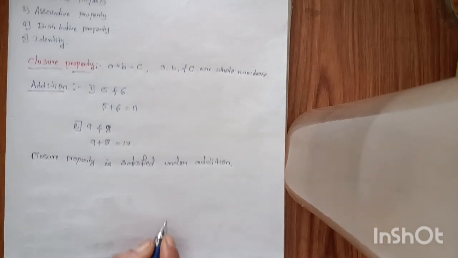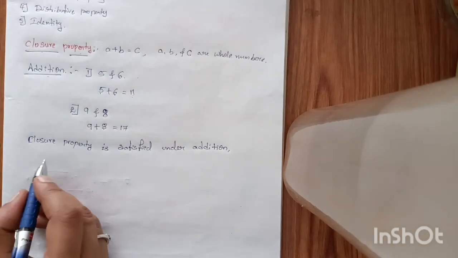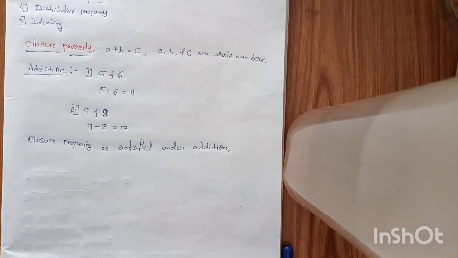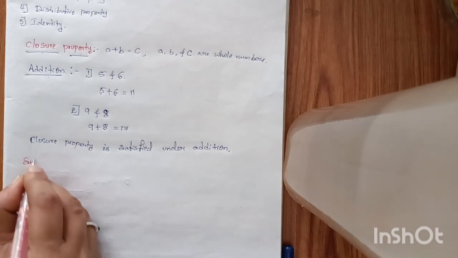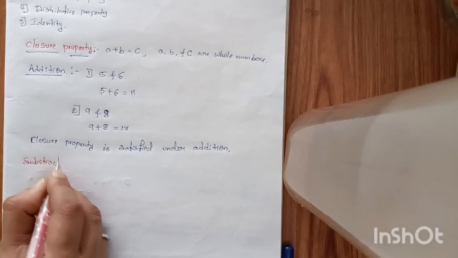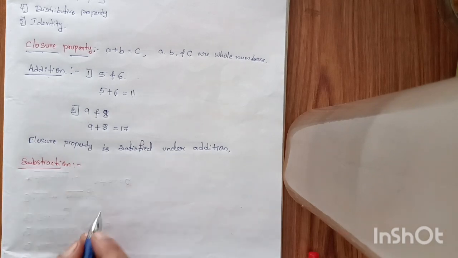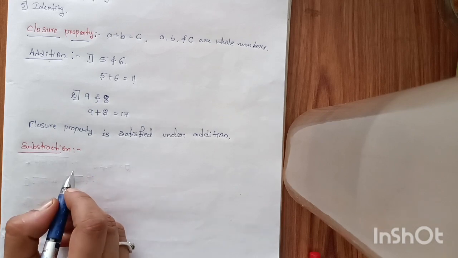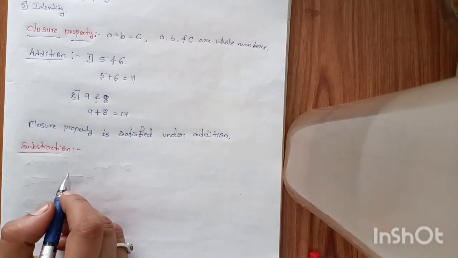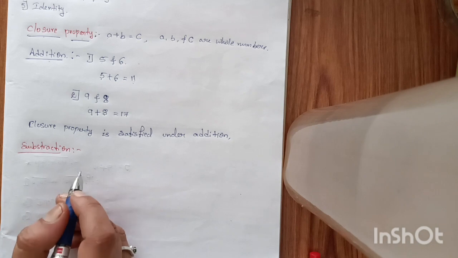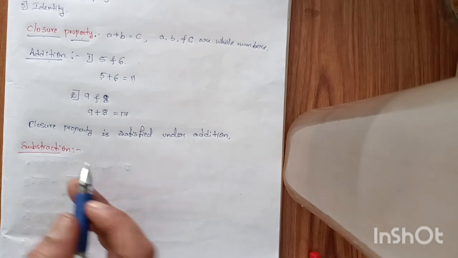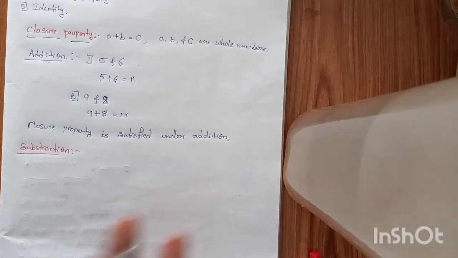Next, subtraction. Same rules. If we consider two whole numbers and subtract them, and we get a whole number, that satisfies the closure property under subtraction. Let's check if it is satisfied or not.